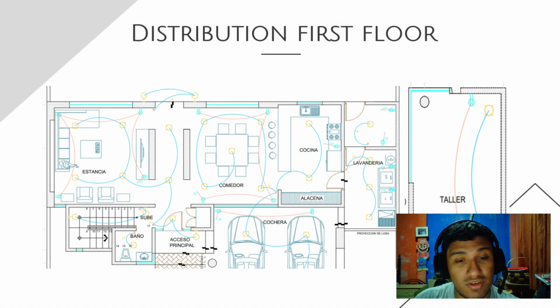For our distribution, we have the first floor, which includes the workshop we explained before, with at least 3 lights and 2 outlets.